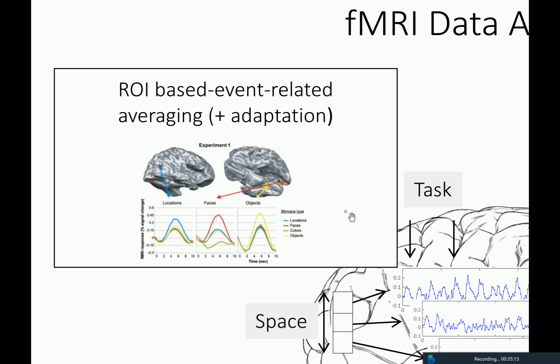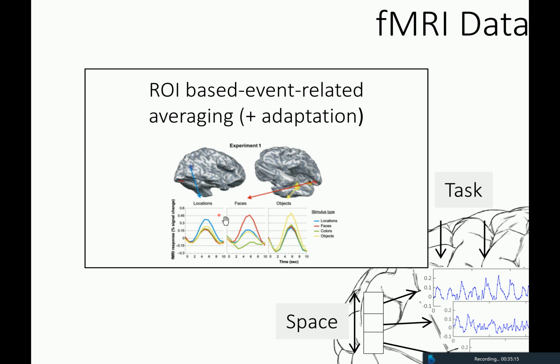And of course, you can do the same with fMRI data, and cut out for a given stimulus group, here there are locations, faces, colors, and objects, the signal for all the stimulus presentations, average them, and then average also the data from a given brain area, and then look at these evoked responses.